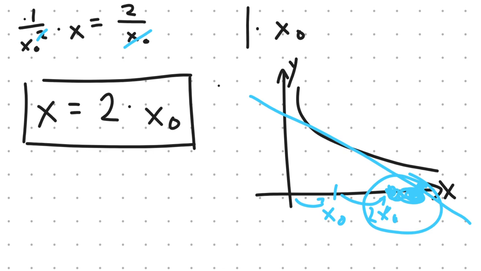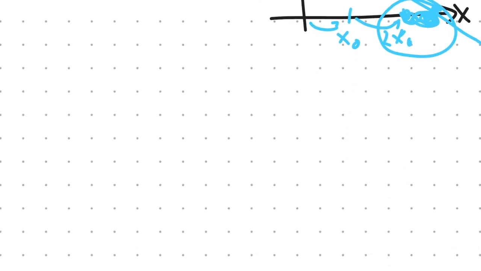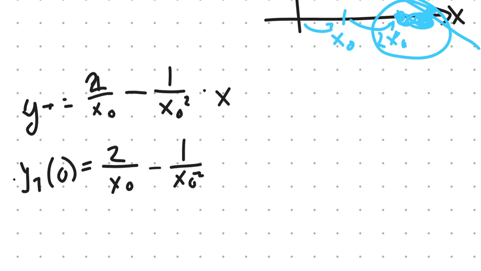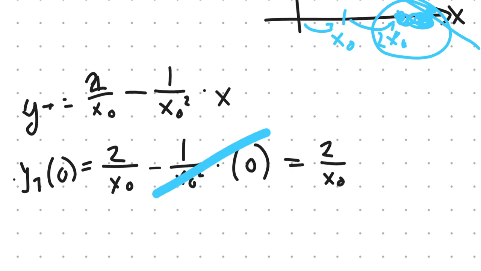To get the intersection with the y-axis, we're just going to take the function again and then plug in 0 for x. So what will happen is we'll just plug in yt of 0, which would mean that we would have 2 over x0 minus 1 over x0 squared times 0. Now anything times 0 is 0, so this will cancel out, and we'll just get 2 over x0.